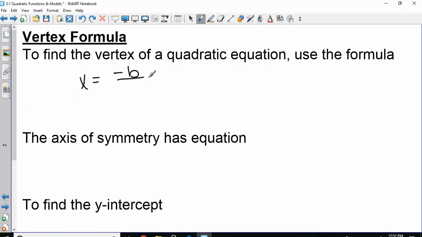If it's in the vertex form, it's h, k. If it's just written in standard form, ax squared plus bx plus c, well, the x value of the vertex is the same as the axis of symmetry. So this gives you the axis of symmetry and the x value in the vertex. To get y, all we have to do is plug in x.